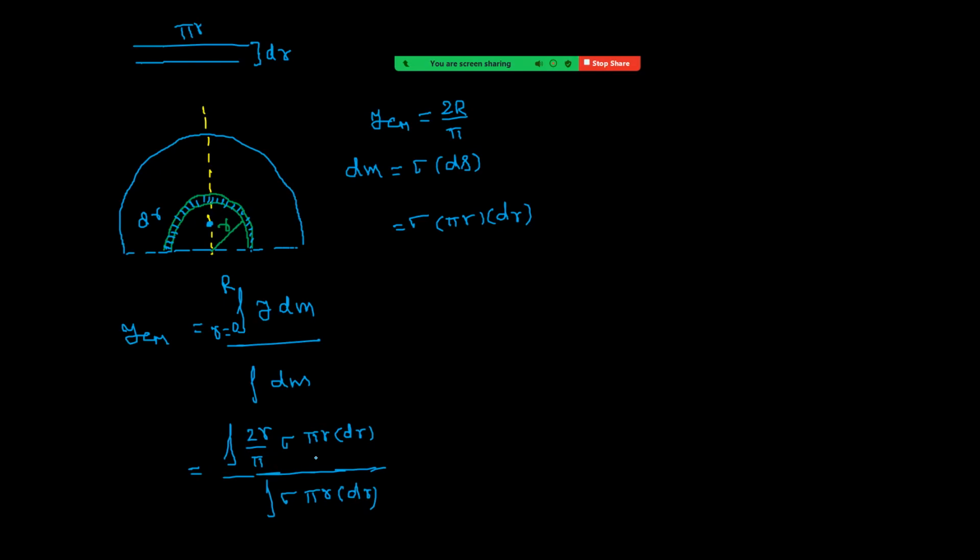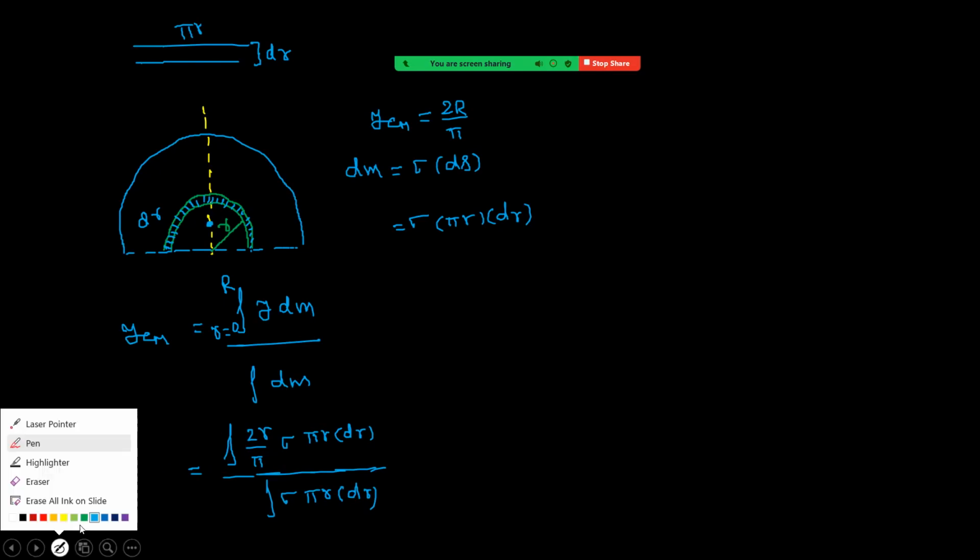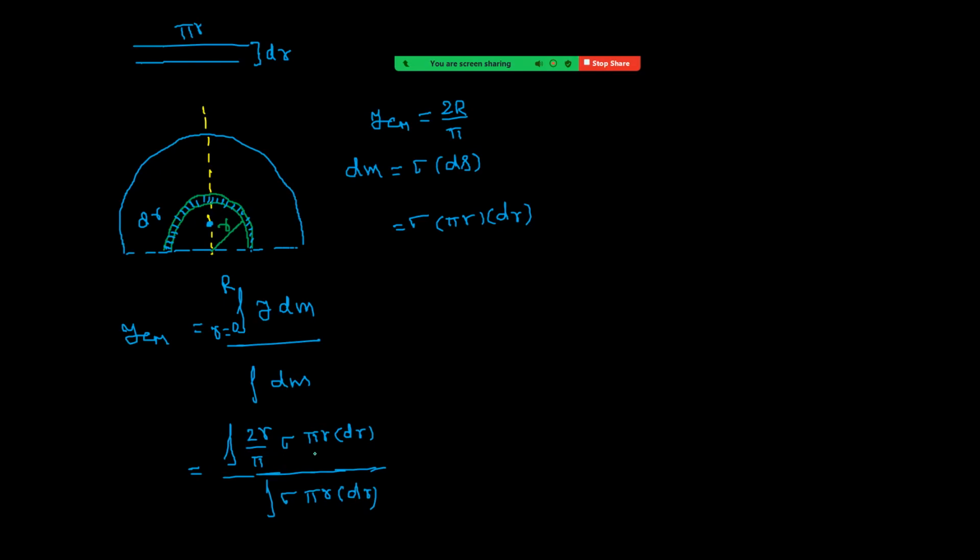So here, the calculation part. We can cancel constants: sigma, next, pi. See, here we cannot cancel r. The reason is r is not a constant.